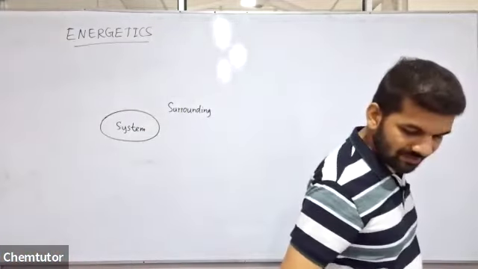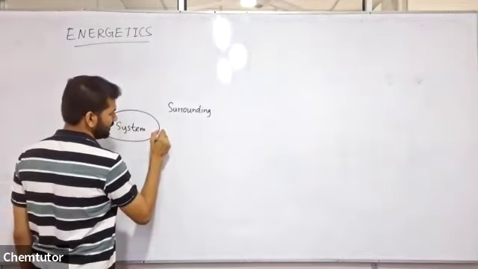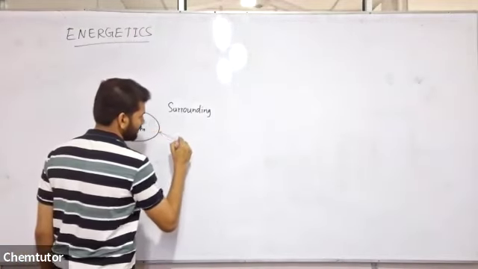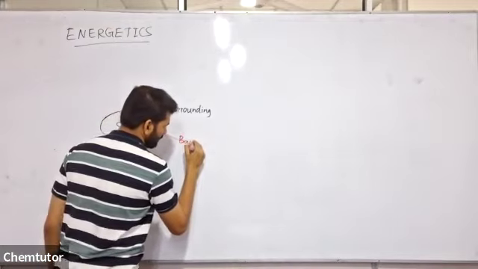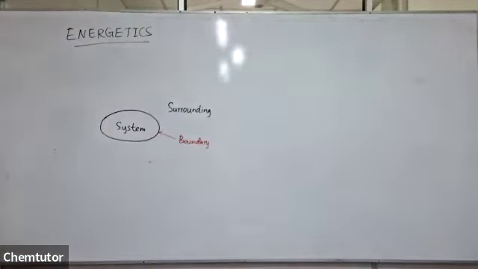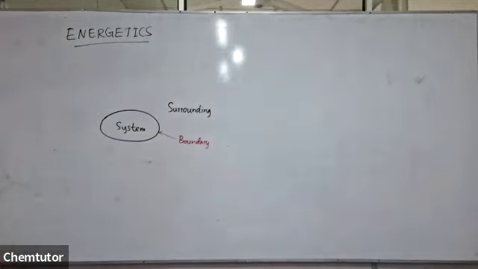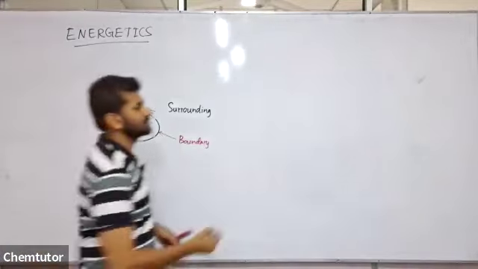Then the system is separated from the surroundings by the boundary. So this is called the boundary. The boundary separates the system from the surroundings. If we talk about systems, there are three different types of systems.